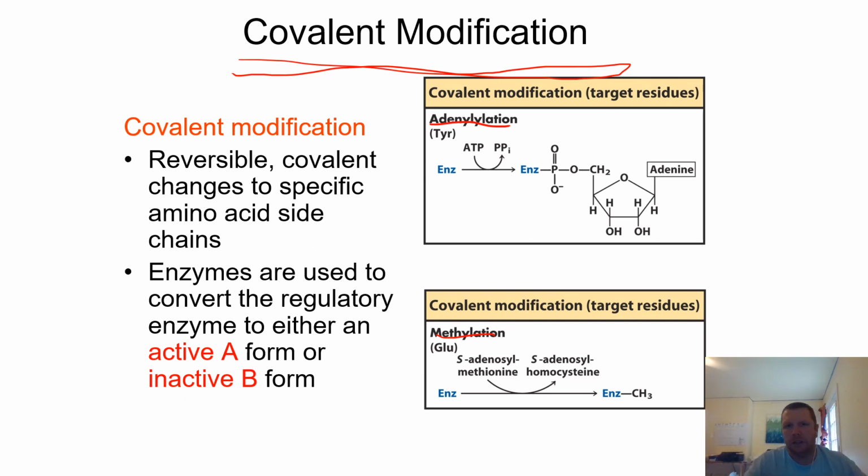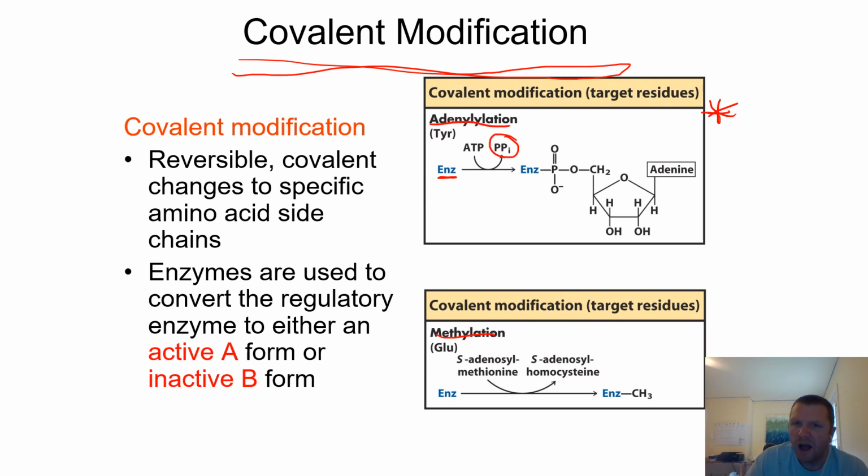And what this consists of is, and I'd like to draw your attention to this box right here, which I'm indicating with a star. What we see here is a reaction in which an enzyme reacts with ATP, releases PPi, or inorganic pyrophosphate. Those are the last two phosphate groups on that ATP molecule.